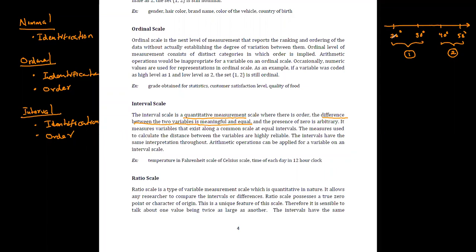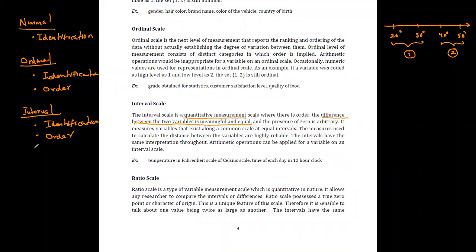In the first interval there is a temperature difference of 10 degrees, and for the second as well, there is a temperature difference of 10 degrees. Therefore, equal intervals should have the same meaning throughout the entire interval scale.